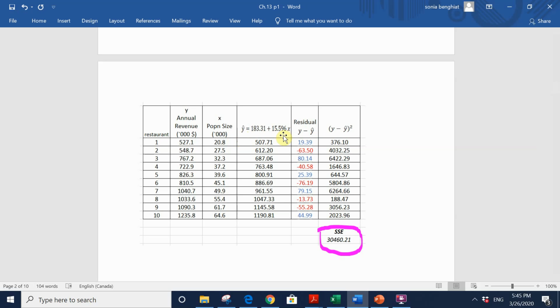This may be due to, say, the management style in which each restaurant is run, or maybe the opening hours are different from one restaurant to another, so revenues are different, and this is not captured in my estimated line of means equation.